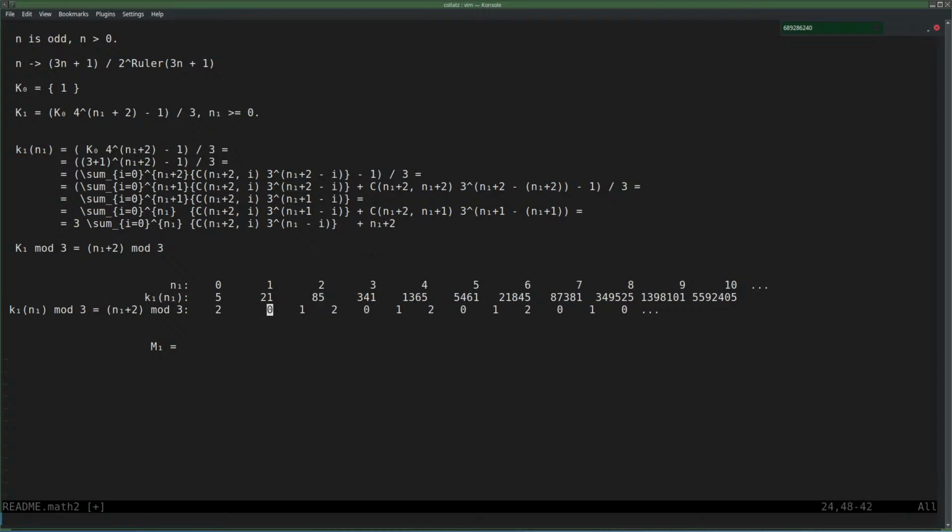And then the modulo 3 of that, well, you see 21 is divisible by 3, so that is 0. And the rest works out as well.